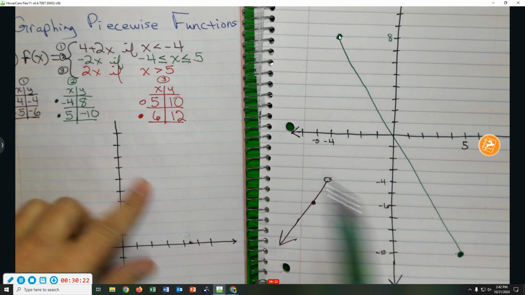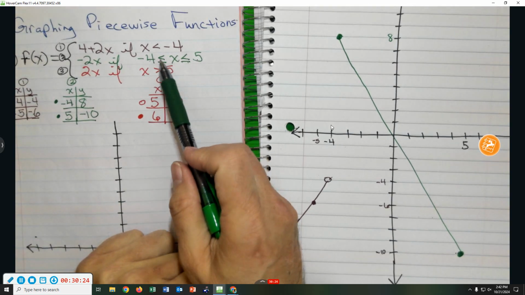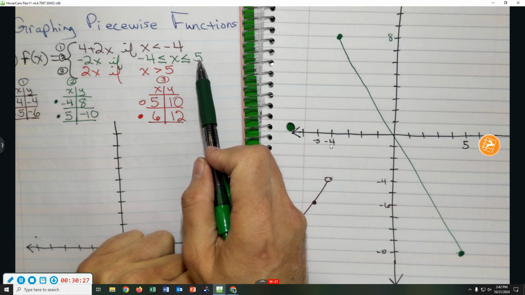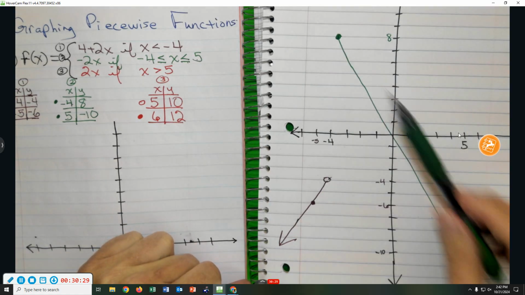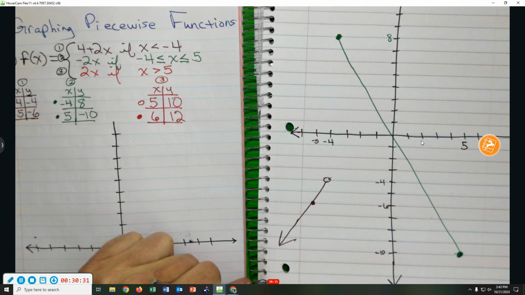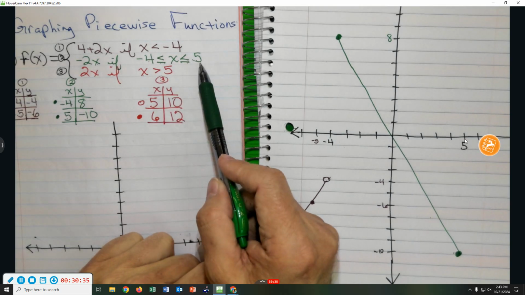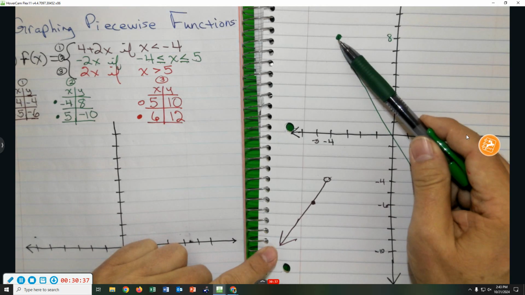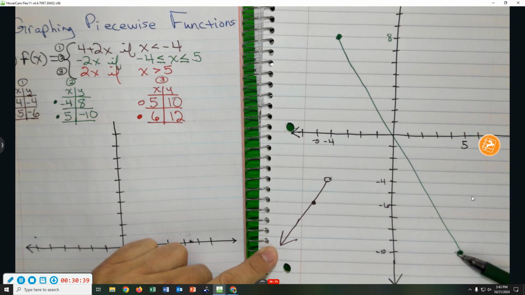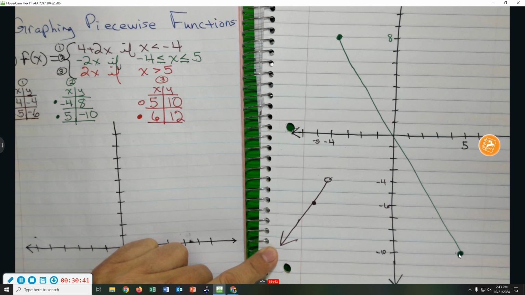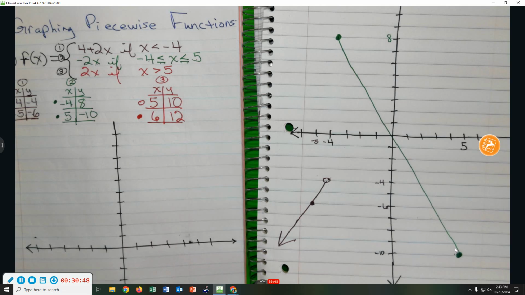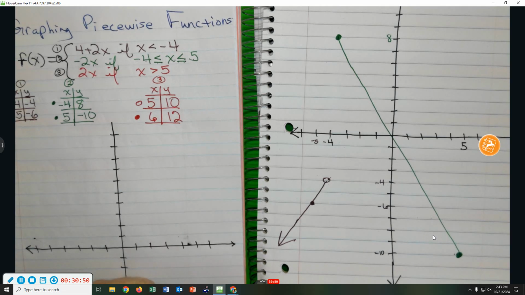In words, does the interval from -4 to +5 continue going forever and ever in any direction? No, it has a definite starting and stopping point. That green piece starts at -4, 8 and ends at 5, -10. It is just a line segment.